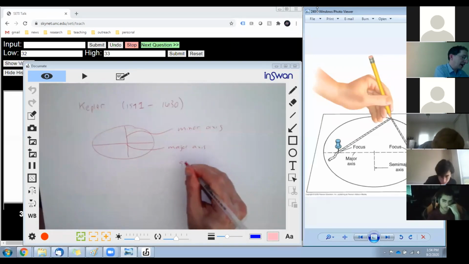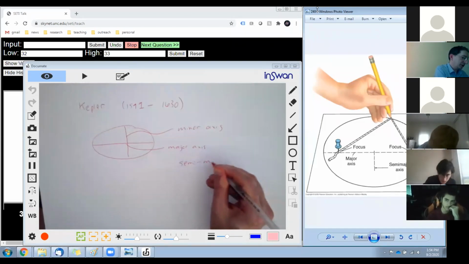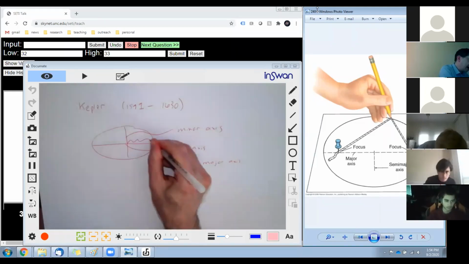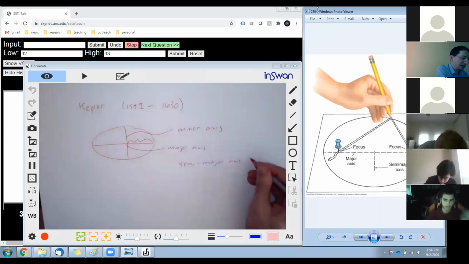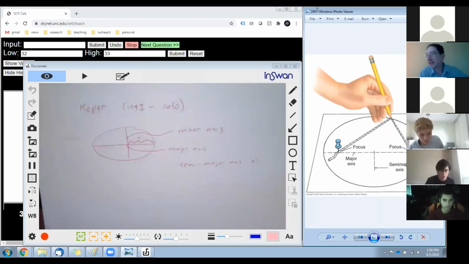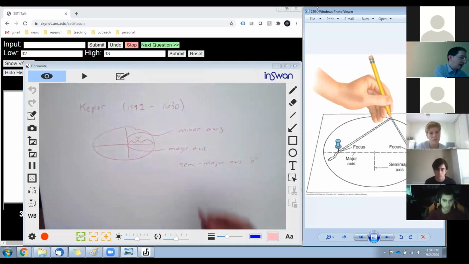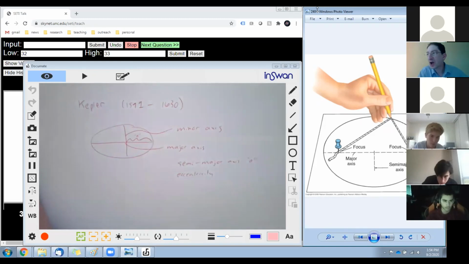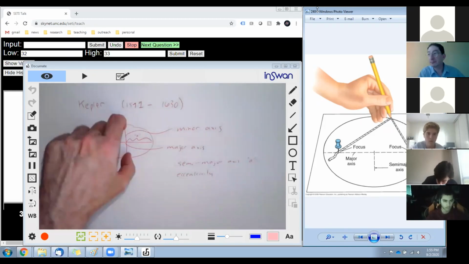We use the semi-major axis, that is half the major axis. We call that a, lowercase a. Sometimes it can mean acceleration, but in this case it means semi-major axis. And then the other term is the eccentricity. I won't give you the equation for it, but it's a combination of the major axis and the minor axis.